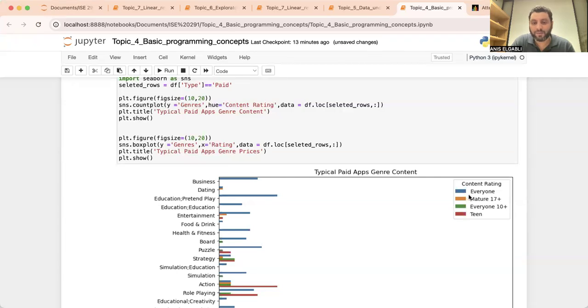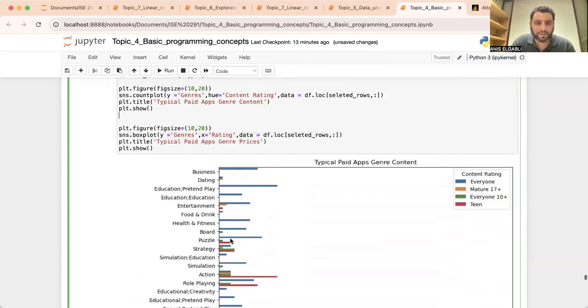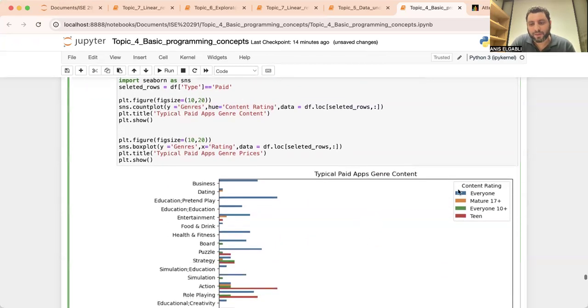You may not have some of them if, for example, for a specific genre, the content rating doesn't take one of these values. So at most you will have 4 bars for every category in genres. You may have less, as I said.